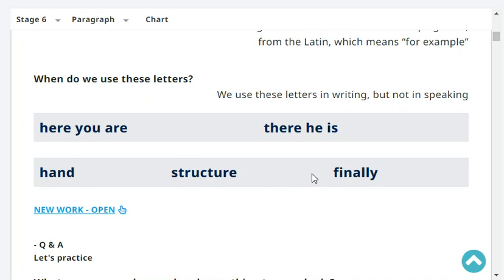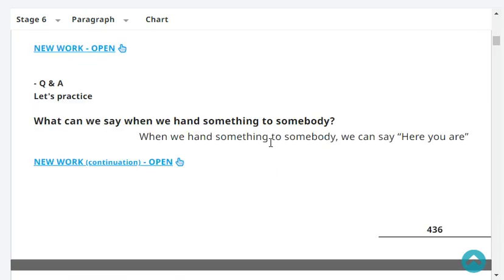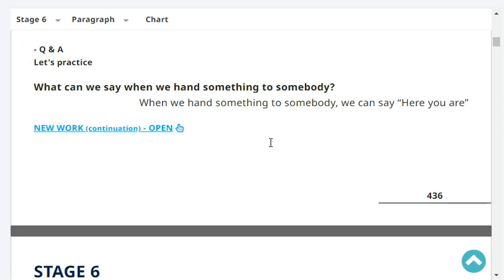When do we use these letters? We use these letters in writing, but not in speaking. Very good. What can we say when we hand something to somebody? When we hand something to somebody, we can say, "Here you are."